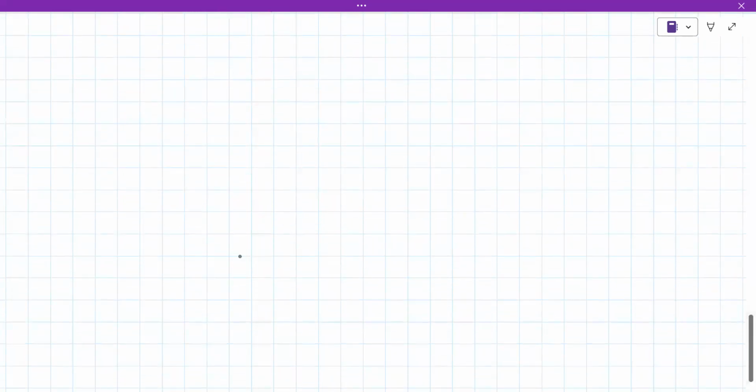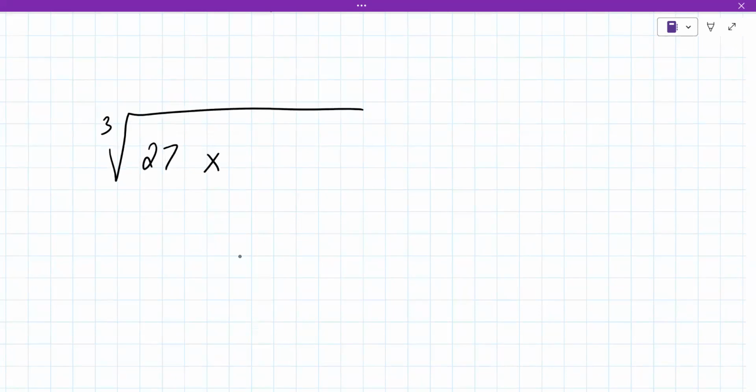Okay, so let's do another one here. How about the cube root of 27 x to the 15th w to the 30th power? Could you try to reduce this for us, please?